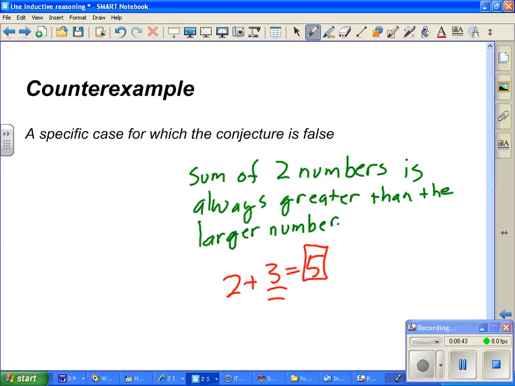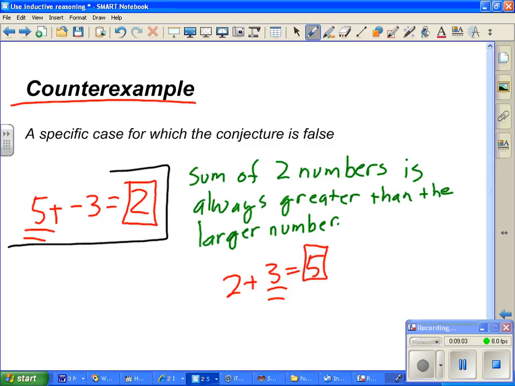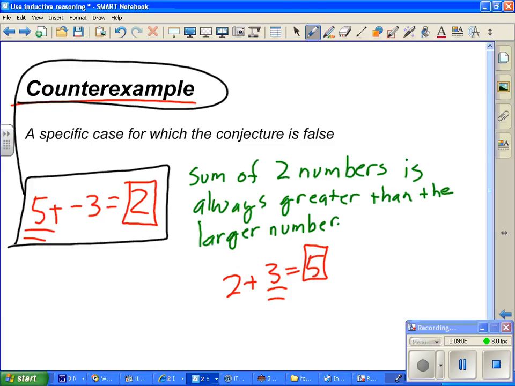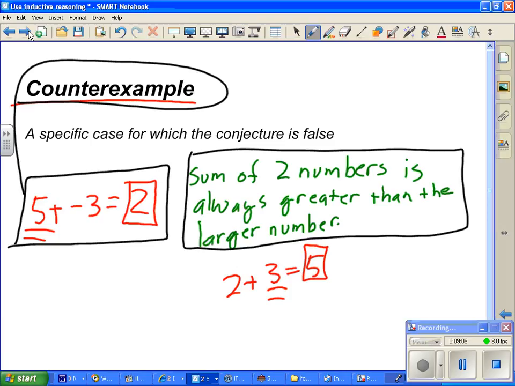What is a counterexample for this? What is something that proves this wrong? What if these numbers are negative? What if it's 5 plus a negative 3? That gives you positive 2. But is 2 bigger than the larger number? No. This is a counterexample for this conjecture.